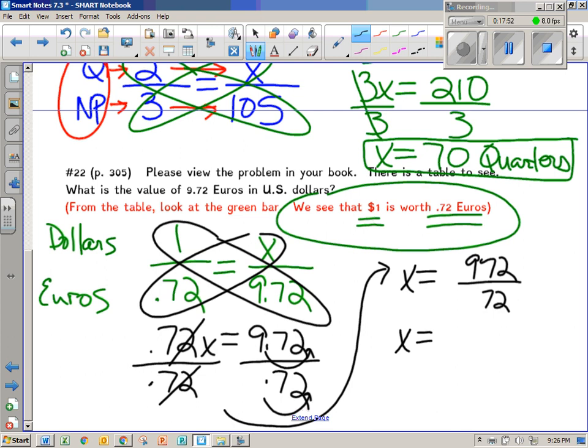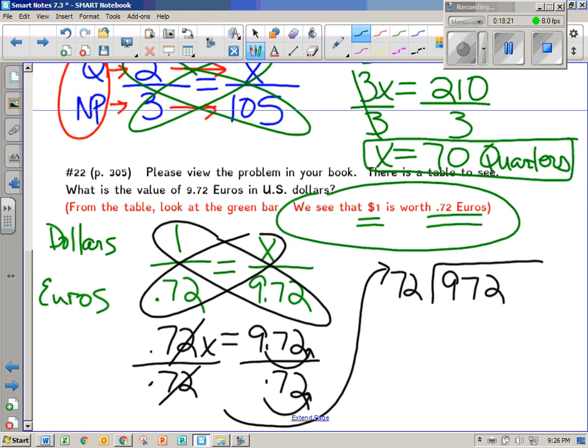And I could just start trying to simplify doing some things there. But then all of a sudden I realized, oh yeah, this has got to be money because I'm looking for how many US dollars. So I could still simplify and then divide, but honestly, in this case, I think it's just as easy to jump in and do the long division after I've already converted and moved my decimal.